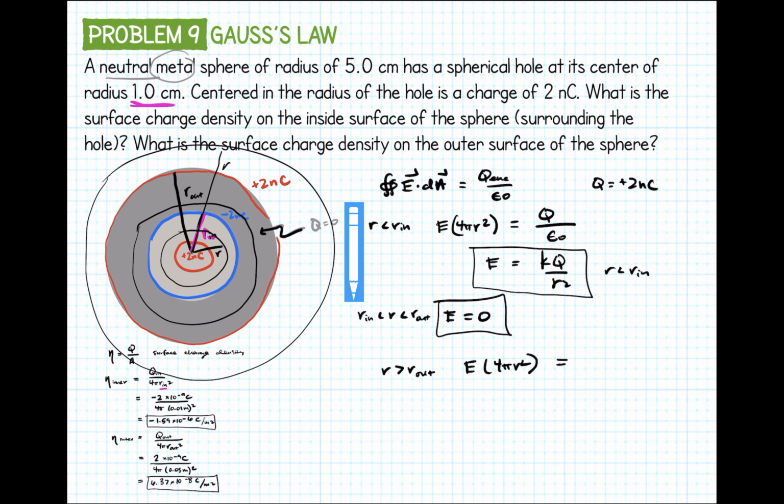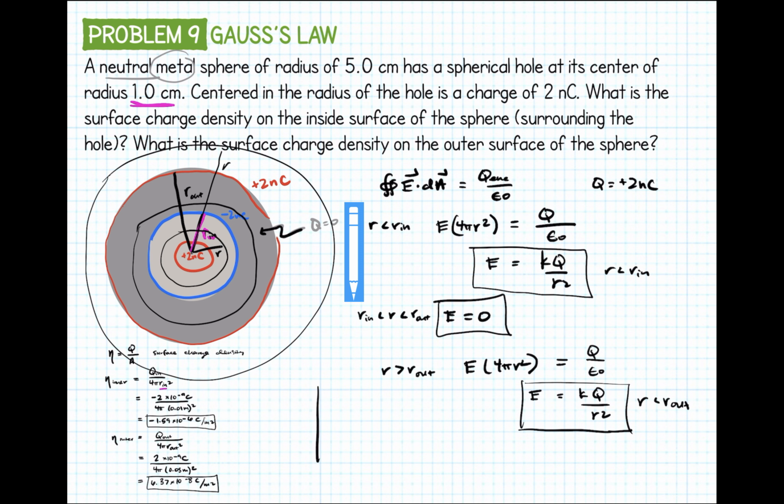So that's going to be Q over epsilon naught, and you end up with E is equal to KQ over R squared, which is the same as what we got for this first part, right?